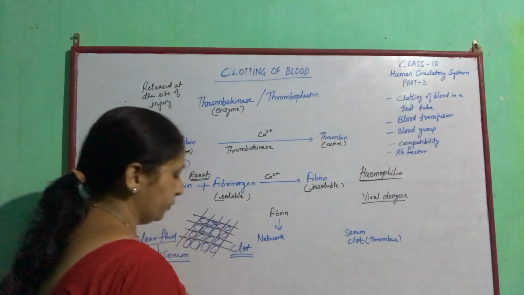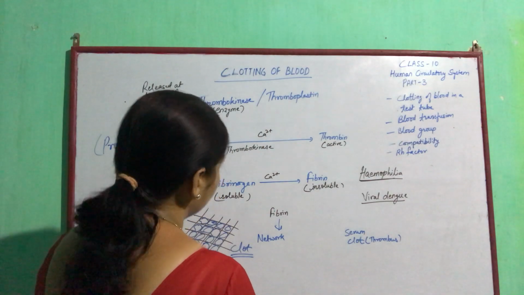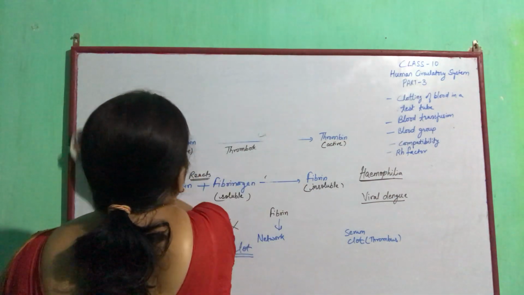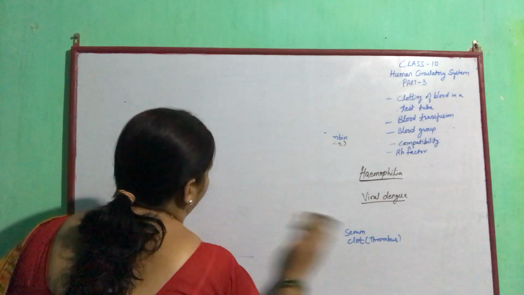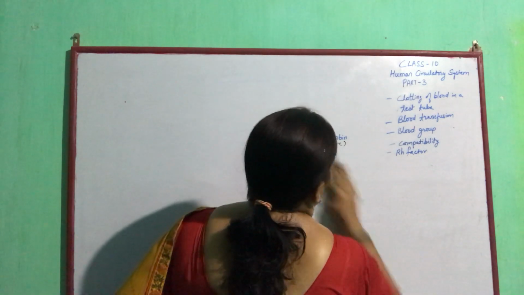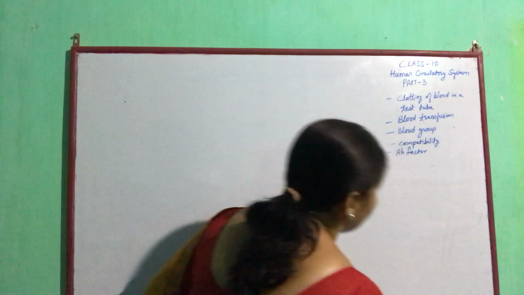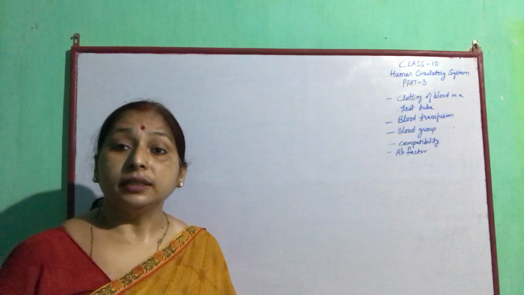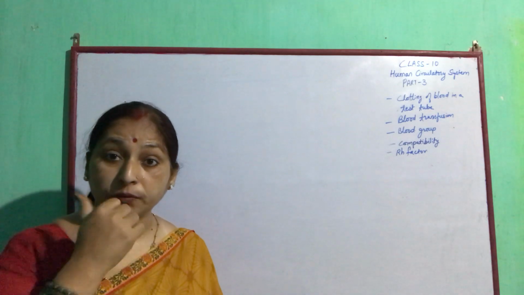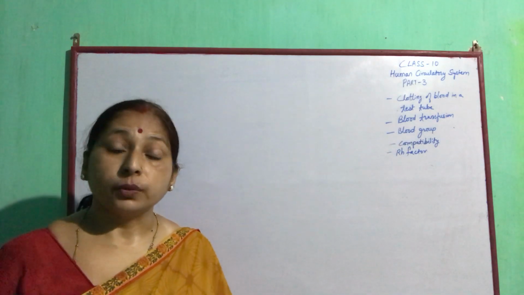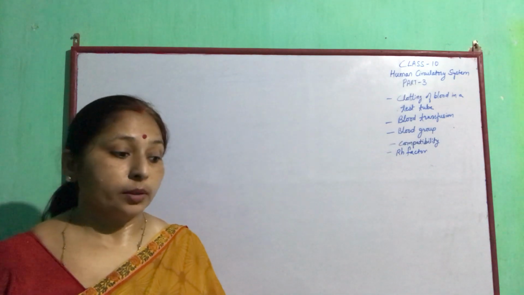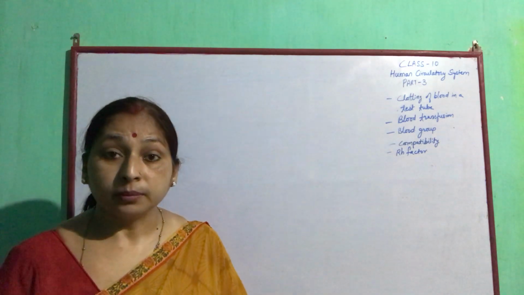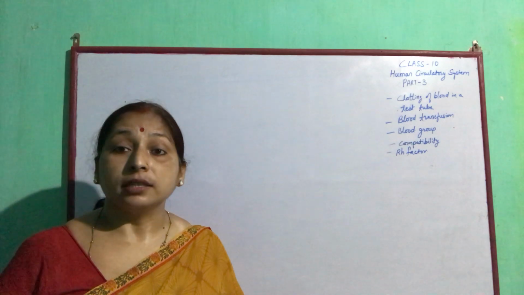Blood transfusion. Blood transfusion is a process used at the time of need, when there is an accident, when there is excessive bleeding in some person, a deep cut in a person's body, or excessive loss of blood.